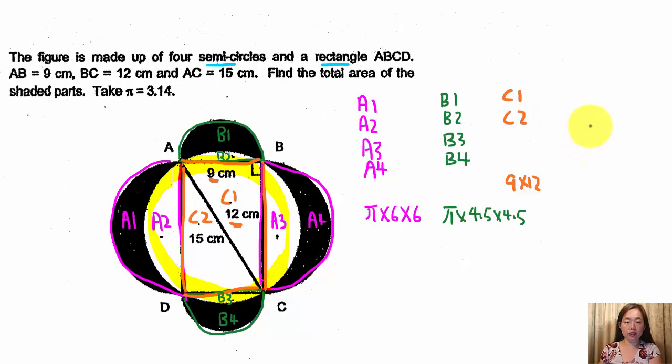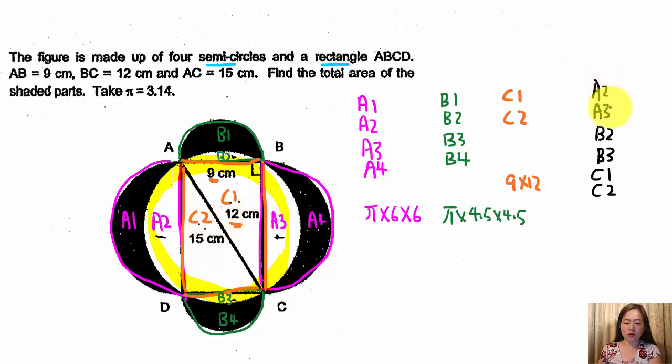Now we are going to minus the area of the big circle, which comprises of A2 from here, A3 from here, B2 from here, B3 from here, C1 from here, and C2 from here.